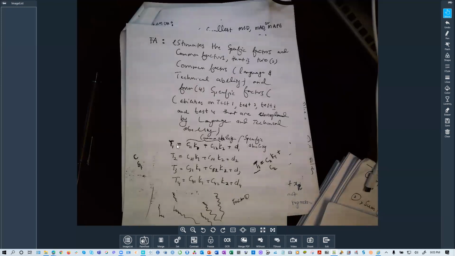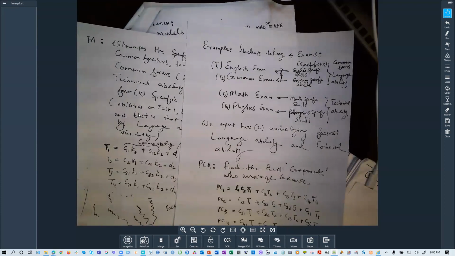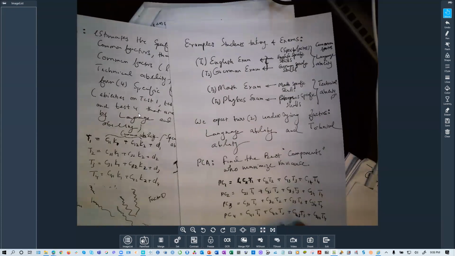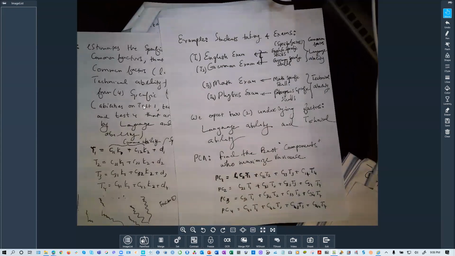In factor analysis, you're gonna write the same thing in terms of the latent variables. In principal component, you wrote the principal component. Compare and contrast: the same test is utilized for dimensionality reduction, and then you are looking for the best component that maximizes the variance.